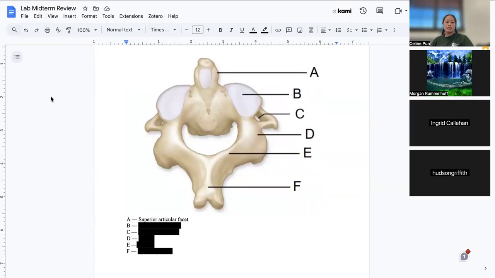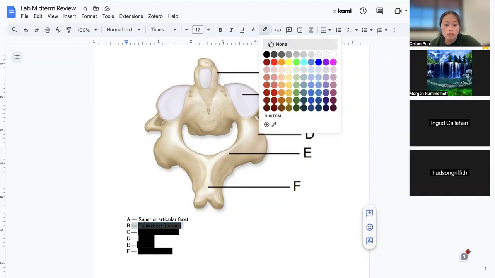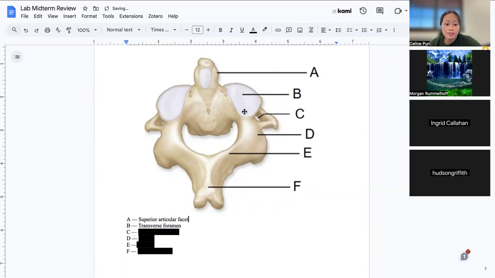And for B, what is this? This is the transverse foramen.